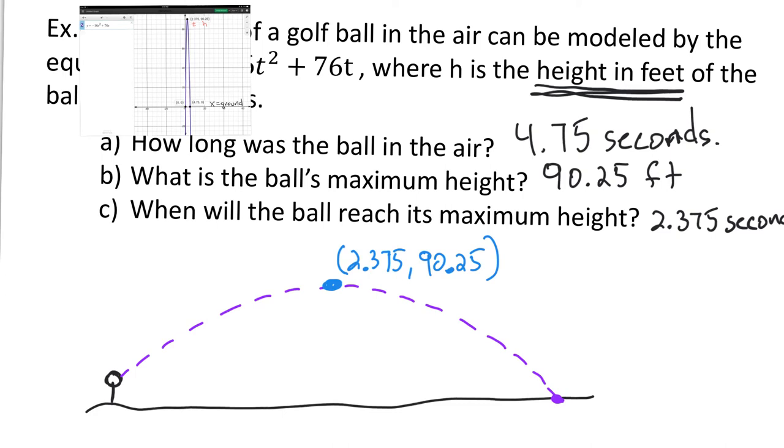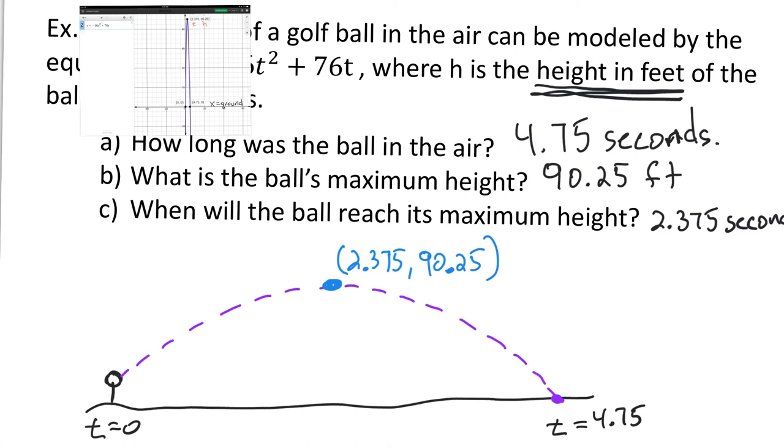So the actual golf ball went up, boom, maximum point, and then it came down. Now this one, the starting point, x is 0, or instead of x, let me just put, let me erase this here. We have t is 0, that's your x value, but over here, your time when it hit the ground is t, 4.75 seconds.